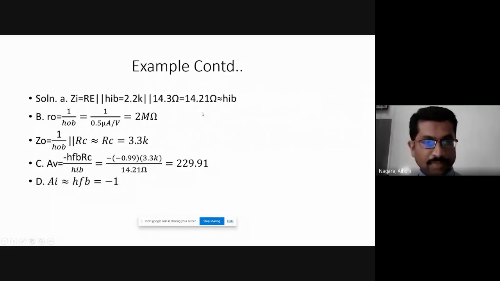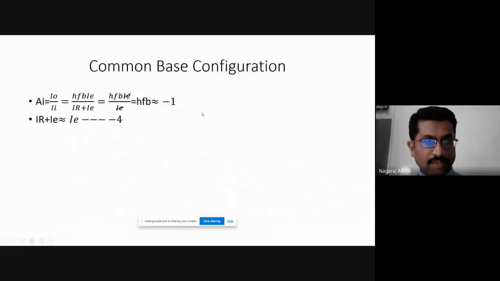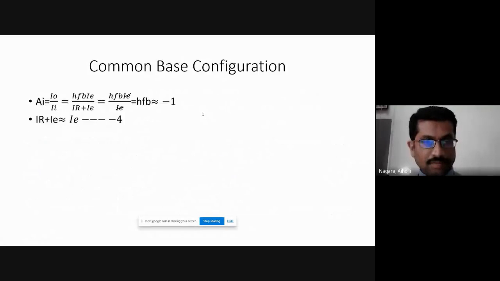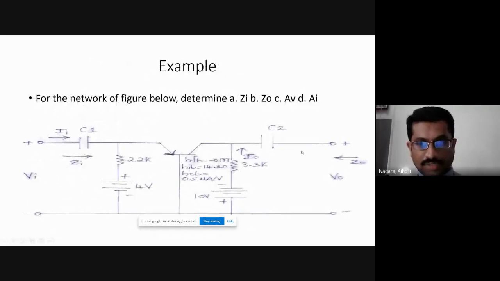Next, find out Ro. What is the formula for Ro? Ro is on the output side, between the output terminals, the output resistance, that is equal to 1 upon hob. hob is the output admittance.